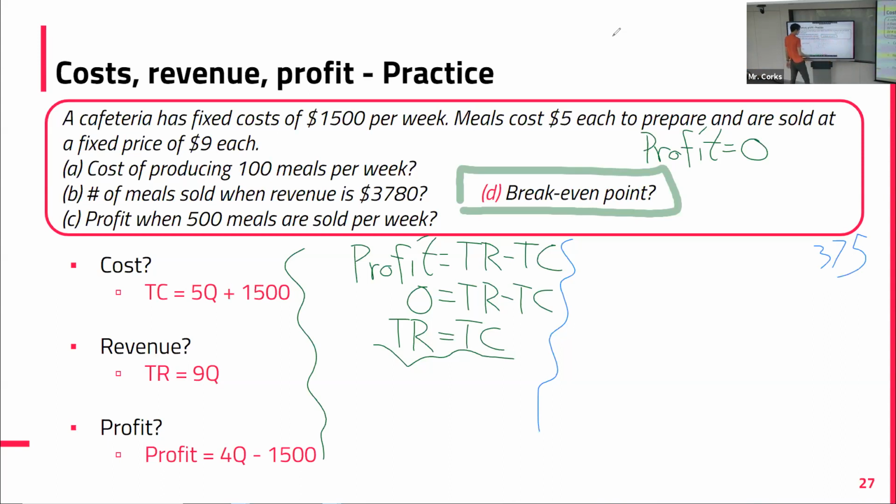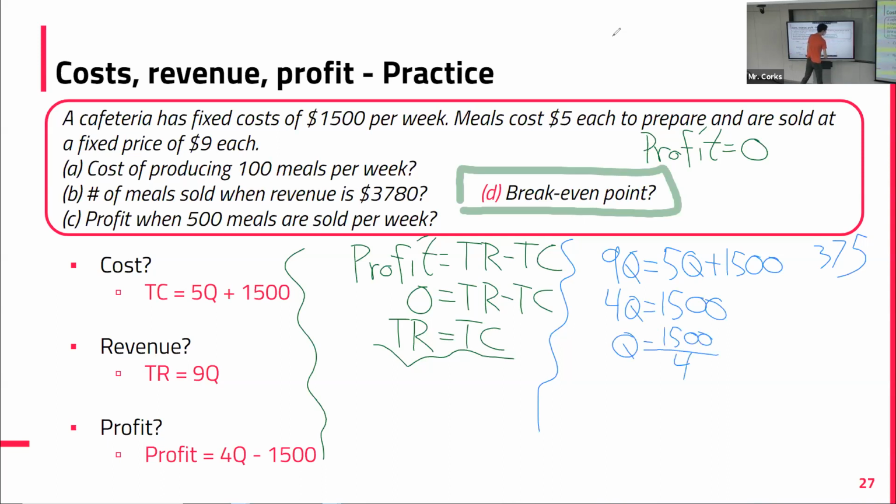So total revenue is on the left, so that's 9Q. And on the right side, we have our total costs, which is 5Q plus 1,500. So we rearrange. Q equals 1,500, Q is 1,500 over 4.